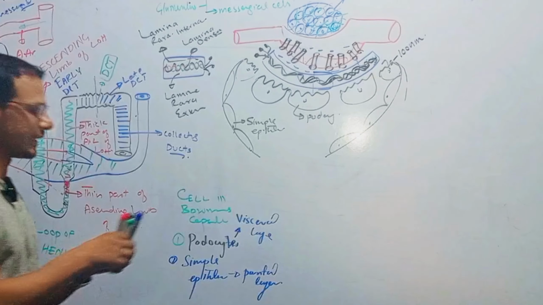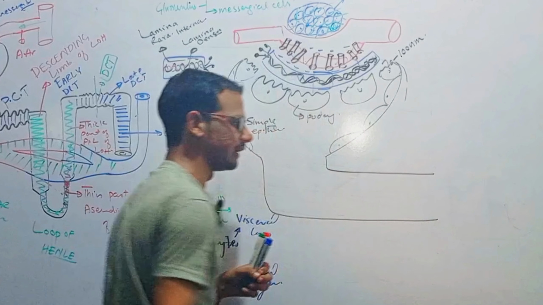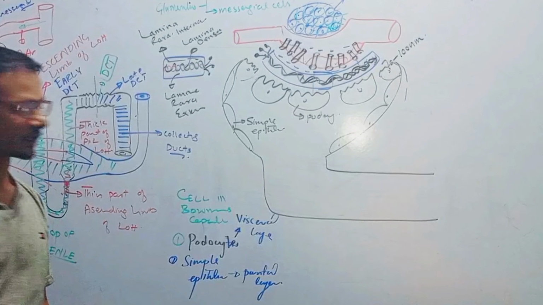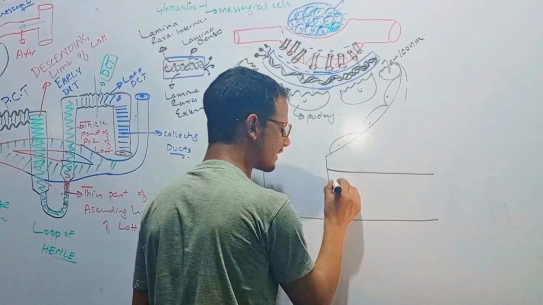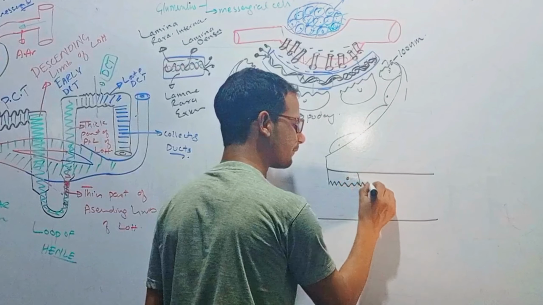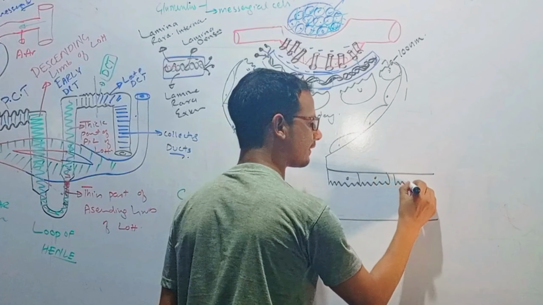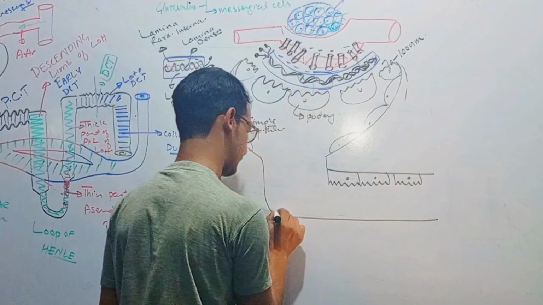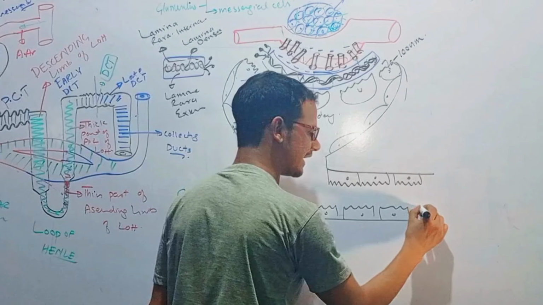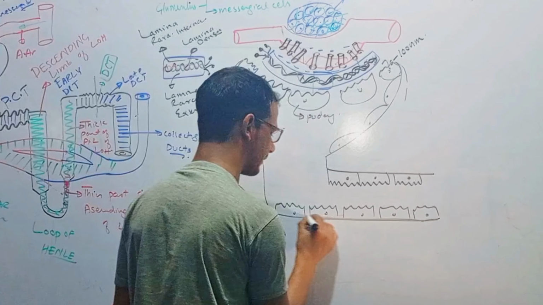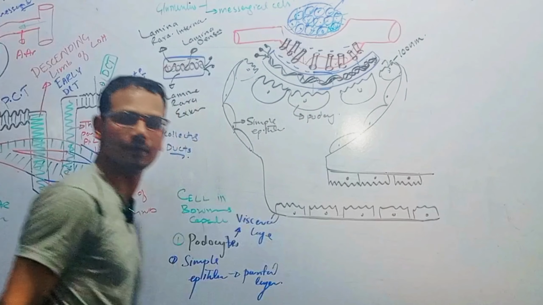Next, we have proximal convoluted tubule. So for example, I am not making it convoluted, but this is, for example, proximal convoluted tubules, and this proximal convoluted tubules have very special types of cells because they have brush borders on luminal side, and on basolateral side they have plain basement membrane, right?